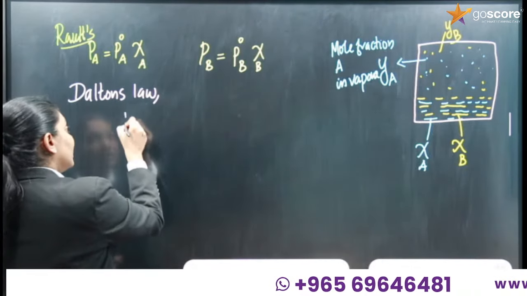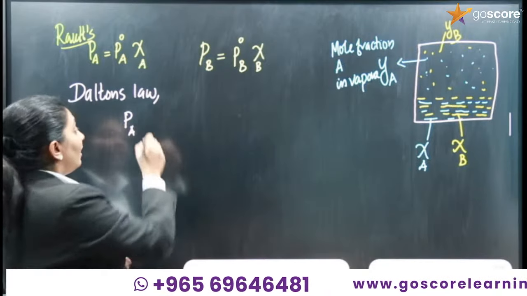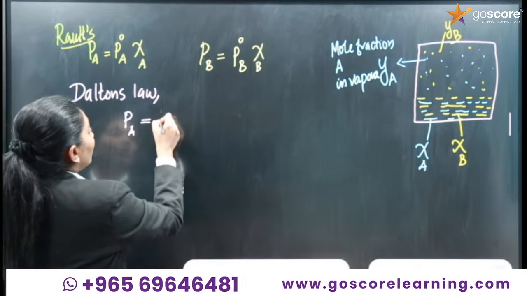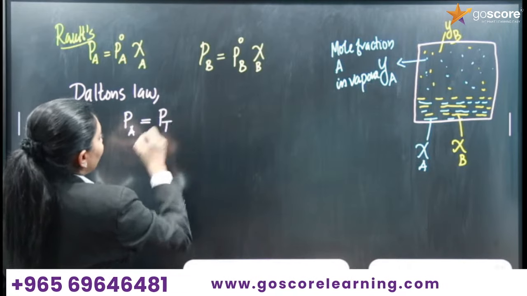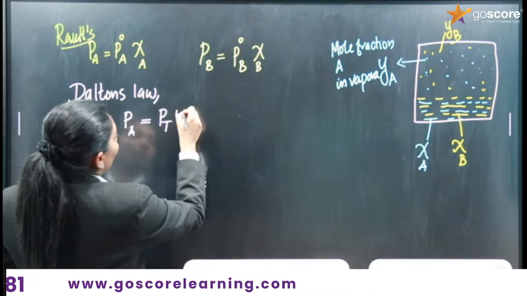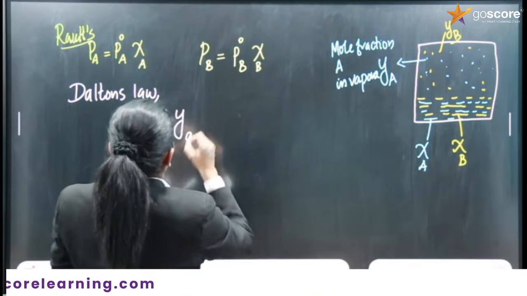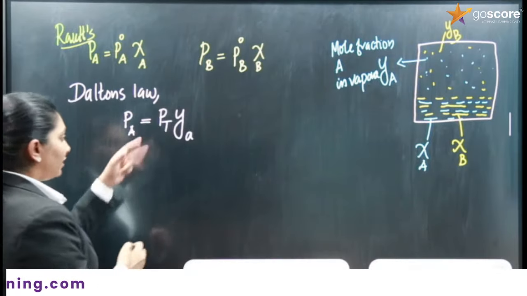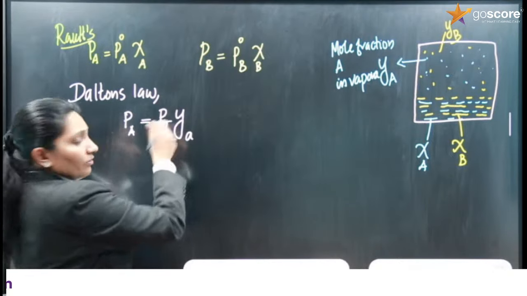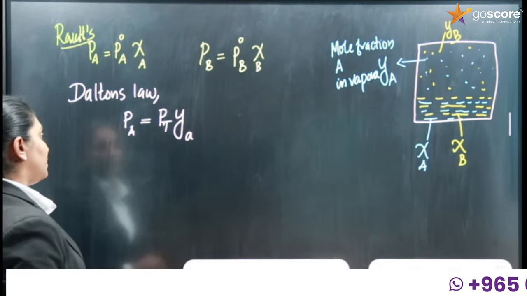what we can write: the vapor pressure of the component A is equal to total pressure into mole fraction of the component A. Okay. So either you can write PT here, or instead we can write P of solution, the vapor pressure of the solution, right?